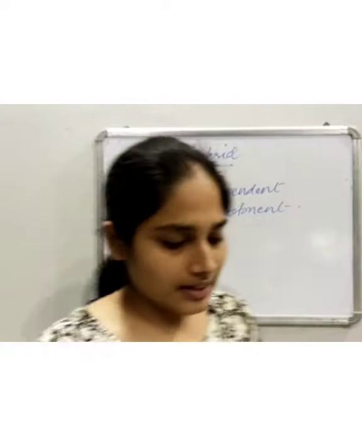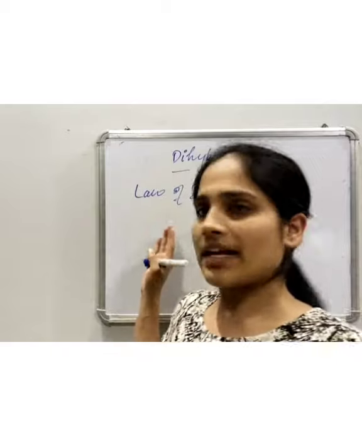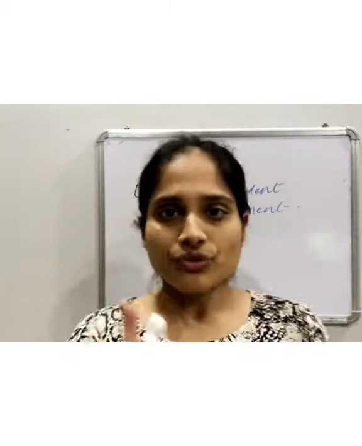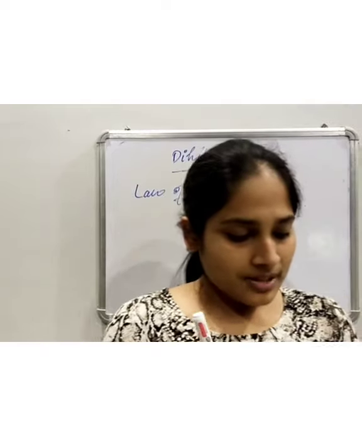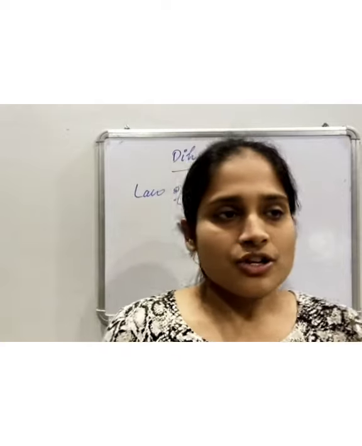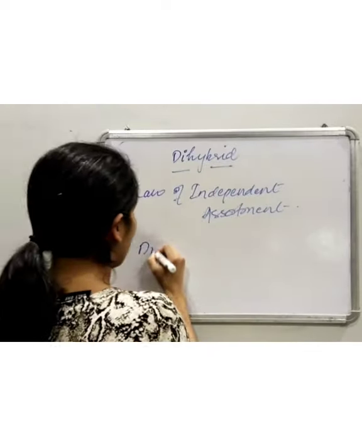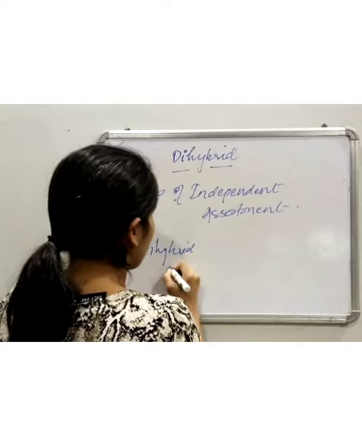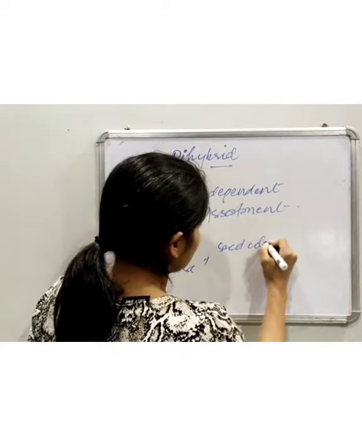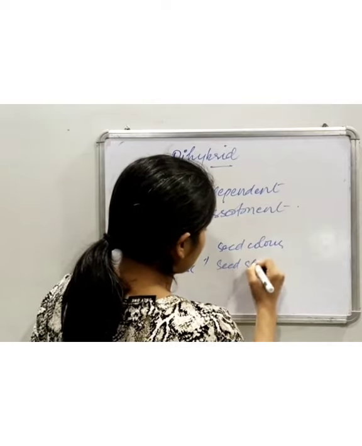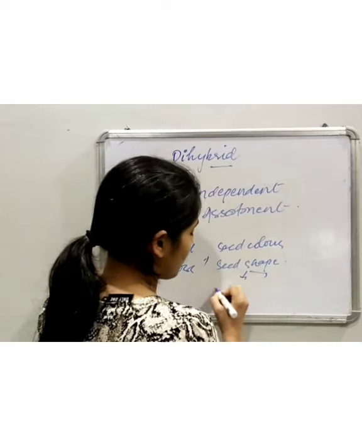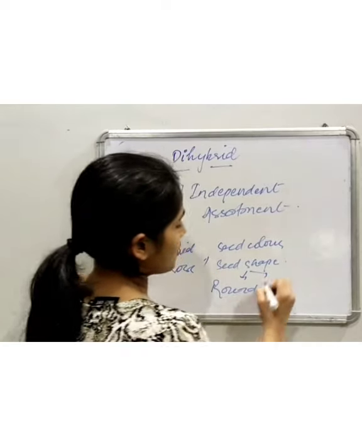Alright, to explain this law, he did the dihybrid cross, and he took into account two features at a time: seed color and seed shape. For seed shape, the two contrasting features are round and wrinkled.